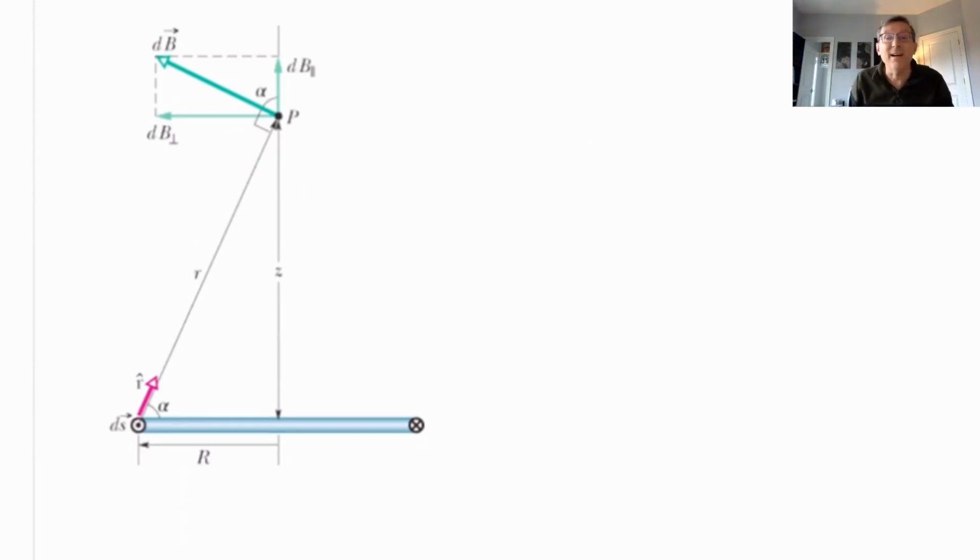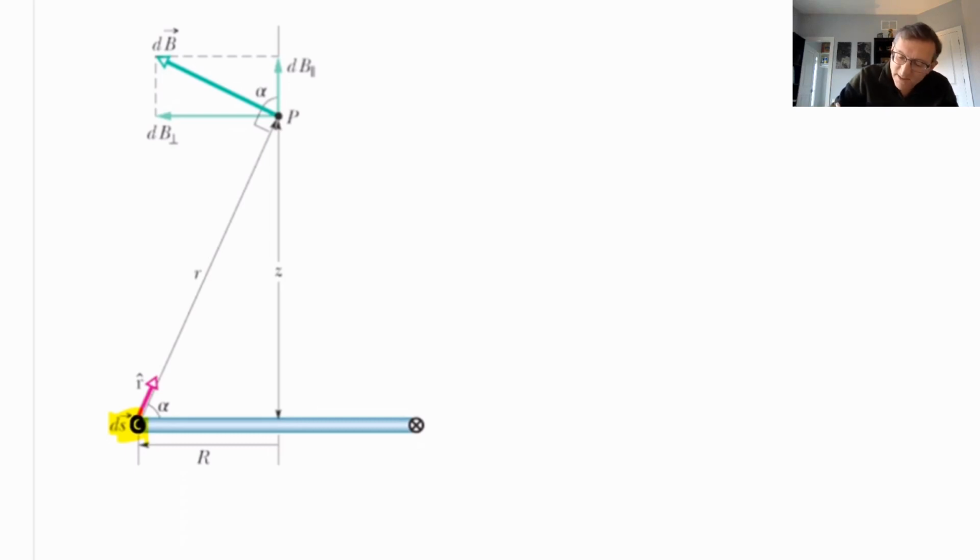The loop looks like a line, but you're looking at it from the side. And there's a tiny piece of the loop, length ds, way over on the left side, facing us with the current coming out of the screen towards us. That's what this symbol means. And that's a little current element of length ds. And there's the point P up on the z-axis.